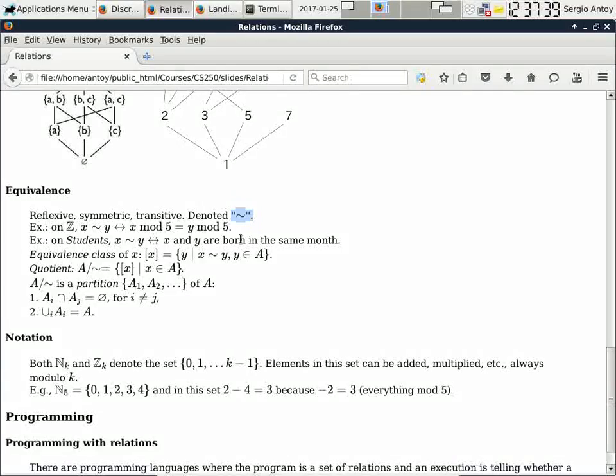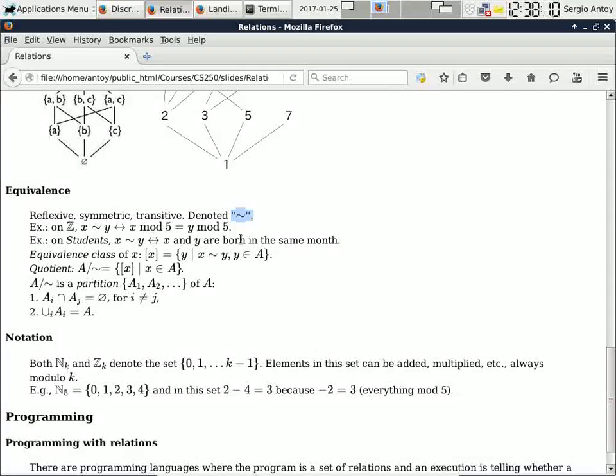Should we verify that these are equivalences? The first one or the second? Let's do the second, which is more intuitive, right? If X is a student, and X is born in some month, is X born in the same month as X? Right. It's so trivial that we laugh when we say it.